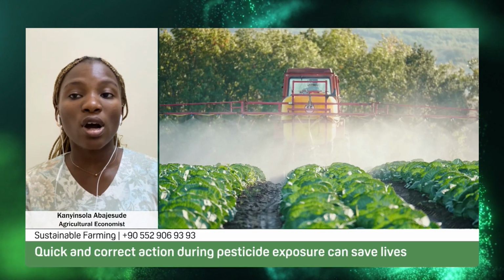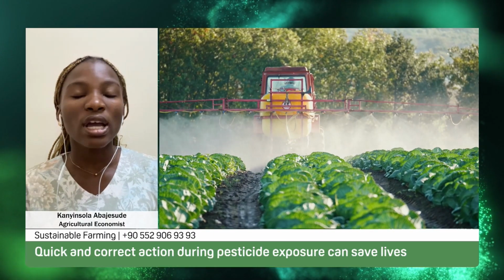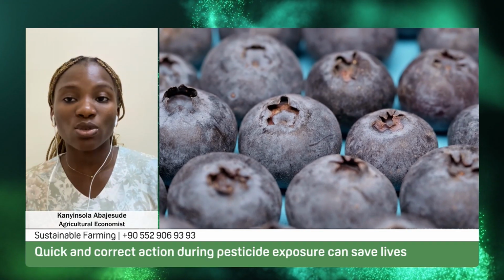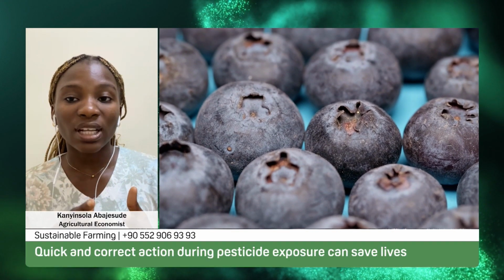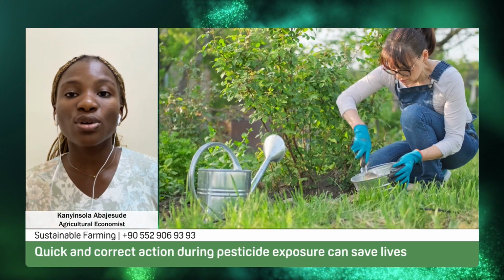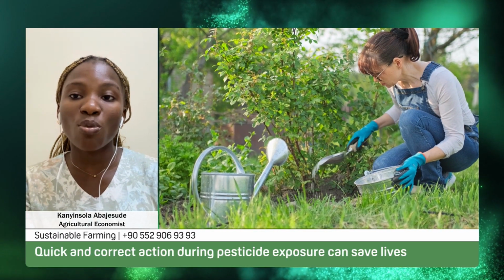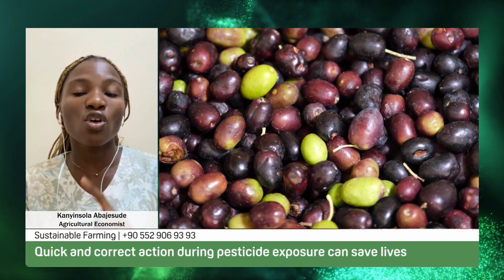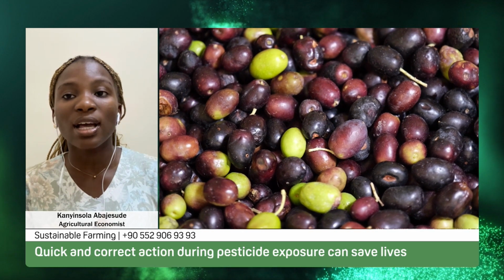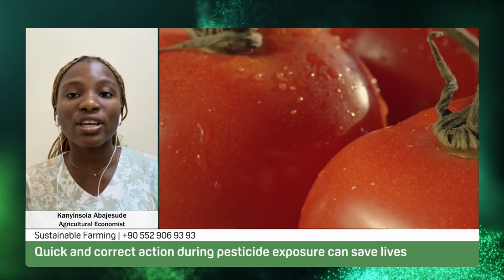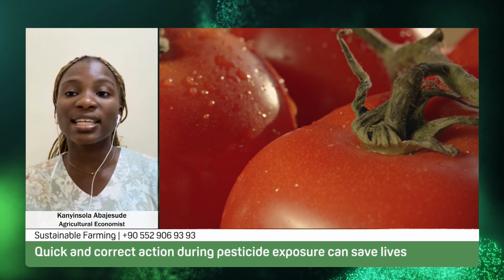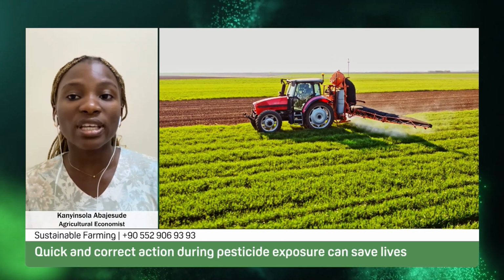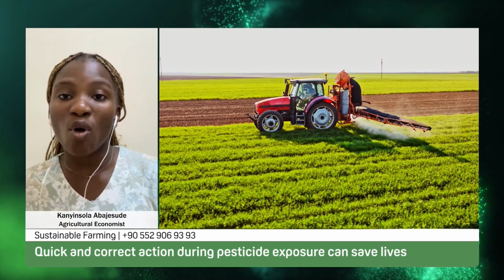Also, it is very important to keep emergency numbers. So whenever you expose yourself to these chemicals accidentally, the best thing to do is to wash your skin with soap and water for about 15 minutes. If irritation continues, go to the hospital as soon as possible. If you mistakenly drink or ingest the chemical, don't start drinking milk or palm oil.